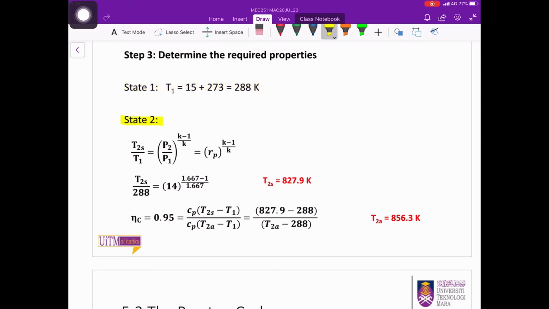In order for us to find the temperature at state 2, we are going to use the isentropic relation for the temperature and pressure. Note that the values for the properties that we get by using the isentropic relation are the values for the ideal case. Therefore, we are going to assign the symbol S to the properties.